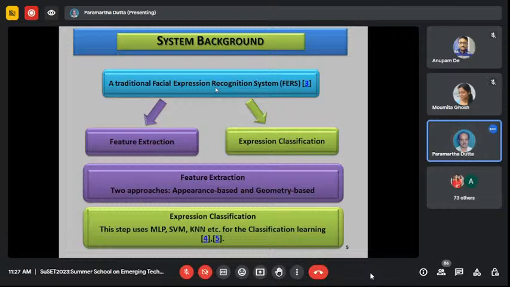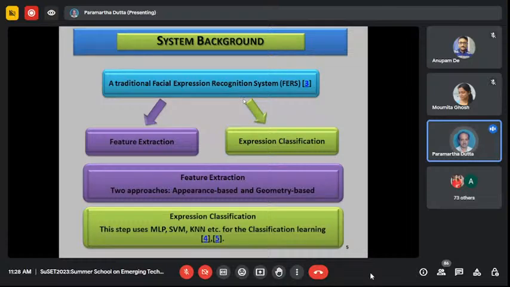There are appearance-based approaches also, some of which are very effective. It is very difficult to say which of these two approaches is more effective. It's not that these two methodologies are contradictory to one another; they are basically complementary to one another.